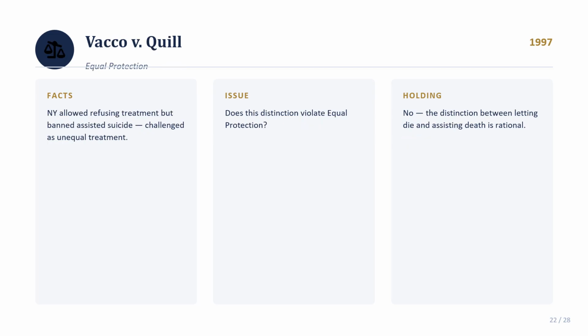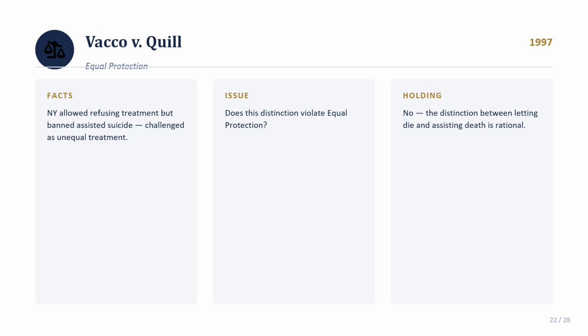Now, decided on the very same day as Glucksberg, this companion case approaches the same underlying subject from a completely different constitutional angle, and it's not due process but equal protection. We have a New York law that allowed patients to refuse life-sustaining treatment, consistent with Cruzan, but banned physician-assisted suicide, consistent with the position that Washington took in Glucksberg.